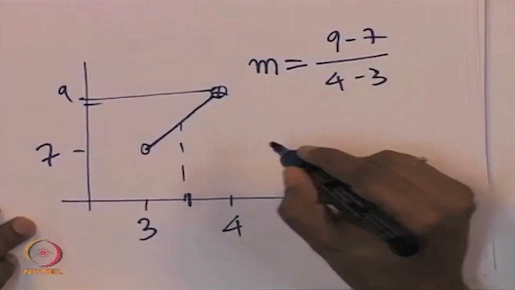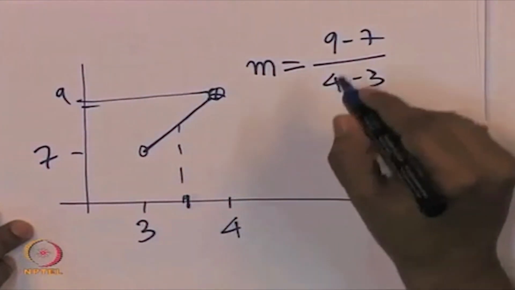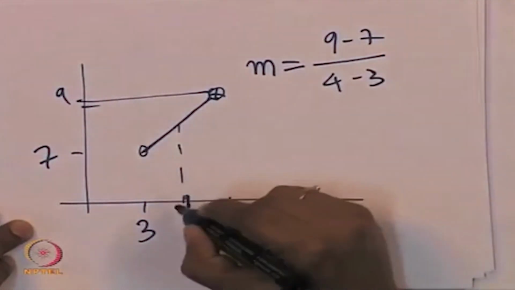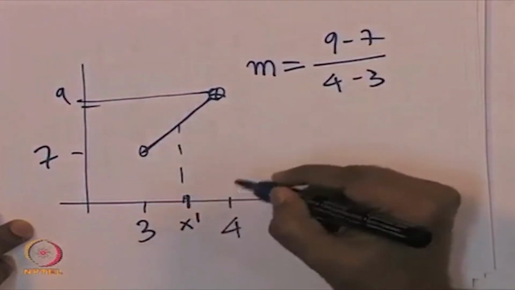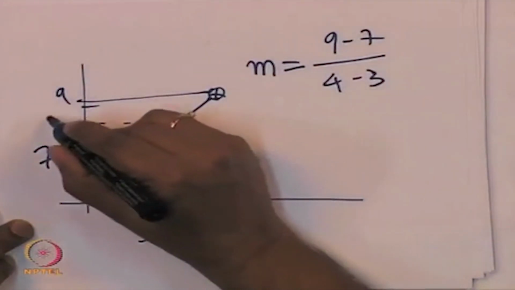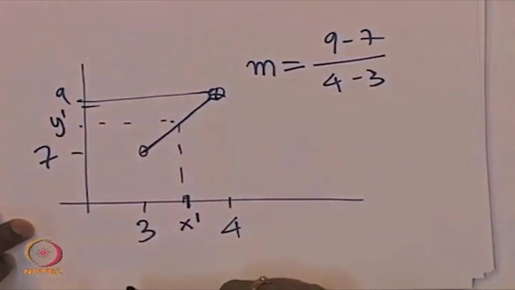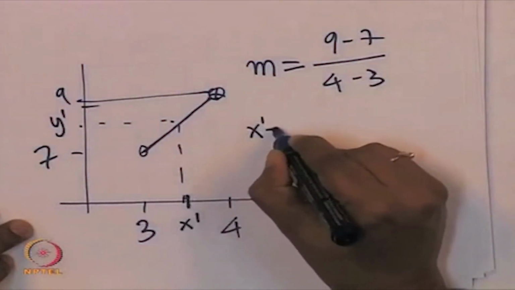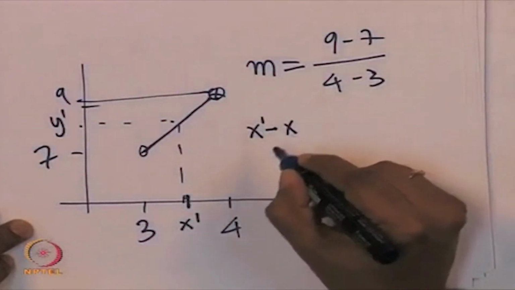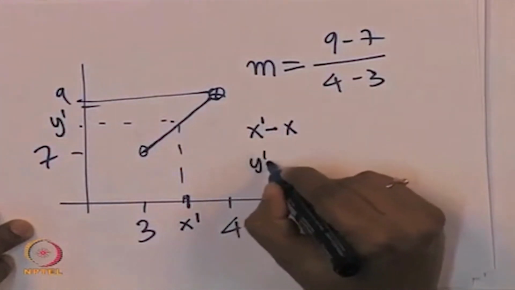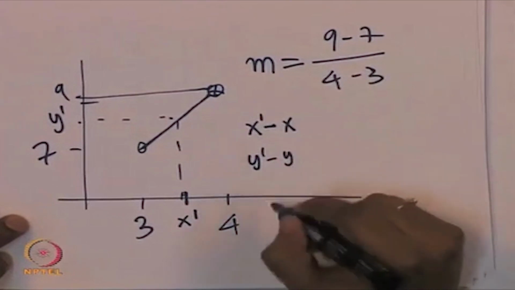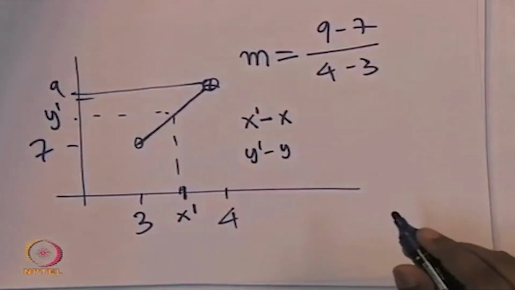So, this is dy by dx. Now, I want to get this new value x prime and new value y prime. What do I know? I know that if I find x prime minus x and y prime minus y, the ratio of this is what I want.